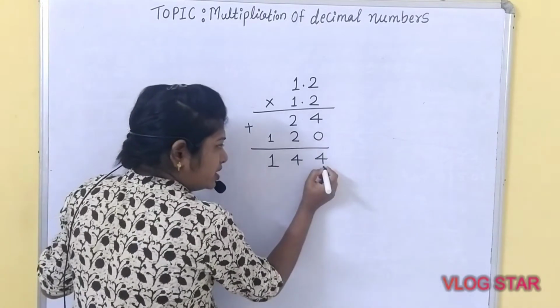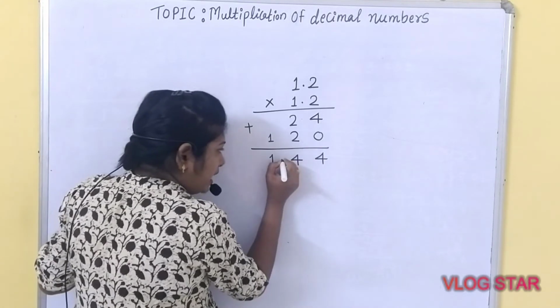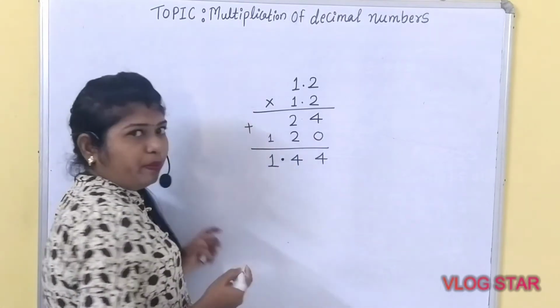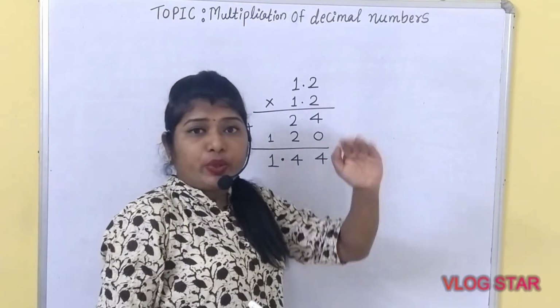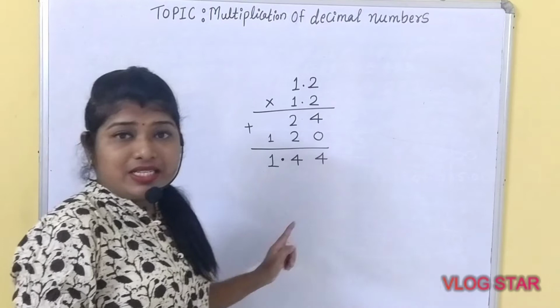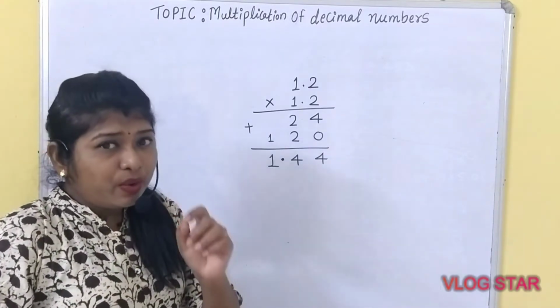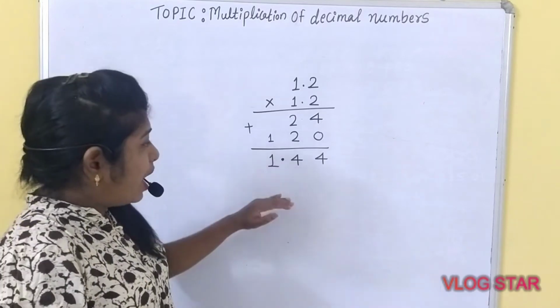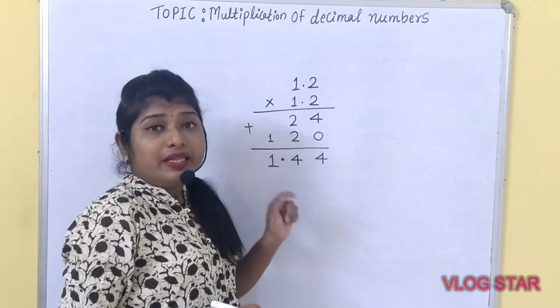So this is the first decimal place, this should be the second decimal place, and then you have to put the decimal point. So what is the multiplication between 1.2 and 1.2? The answer should be 1.44.